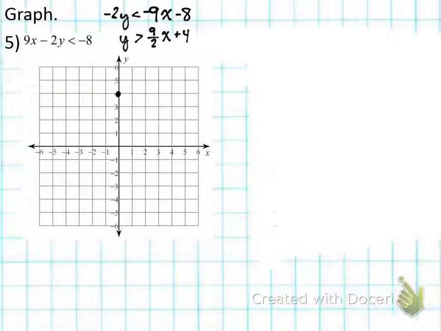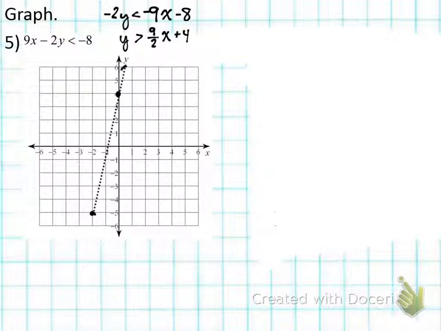It's going down. We have to go up 9 and over 2, but we don't have enough graph paper, so we have to go the opposite way. We know that the graph is going to look like this, so we need to go the opposite way, down 9 and over 2. And this is a dotted line because it doesn't include the equal sign.